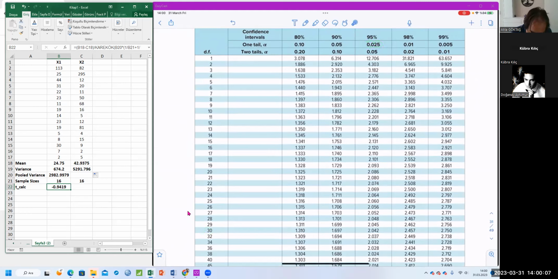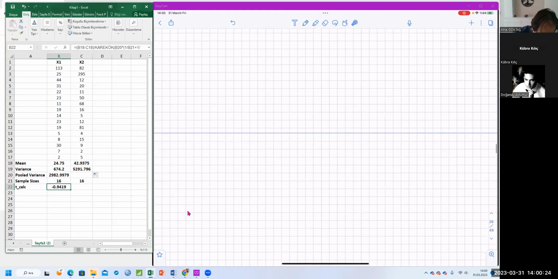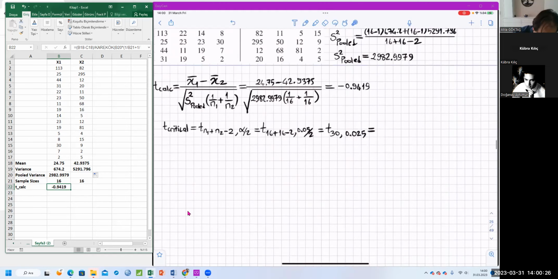I will use this column and this row, just find the intersection, which is 2.042. That's the critical value. I can easily write it there in the place where I would need. So this is 2.042 from the T table.